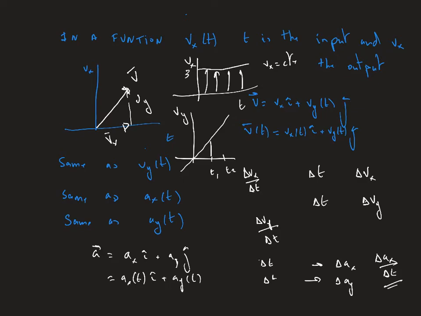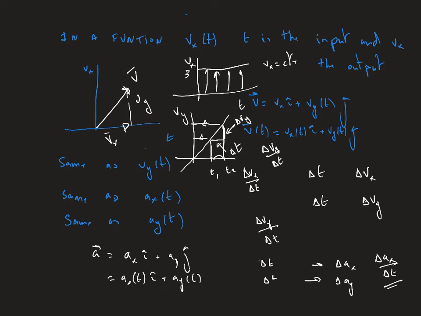I will see what Vy is at time t1 and at time t2, and I will ask myself, what is the change of Vy with respect to time? When the time delta t passes, what is the change? So it's this one divided by this one. This is delta Vy divided by delta t.